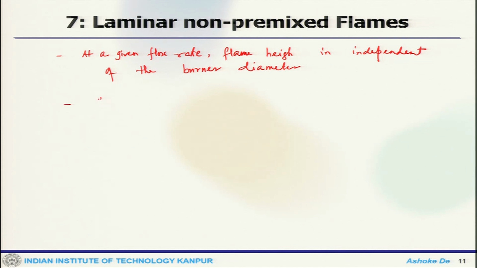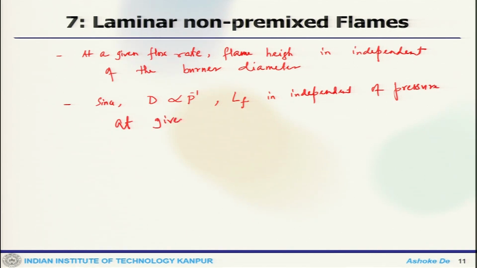Now, secondly, since the diffusion coefficient D is inversely proportional to pressure, the height of the flame, that is L_f, is also independent of pressure at a given mass flow rate, whereas this is directly proportional to the volume flow rate of the fuel.